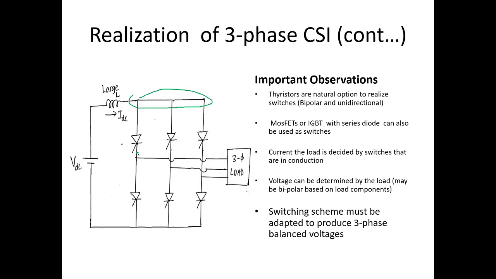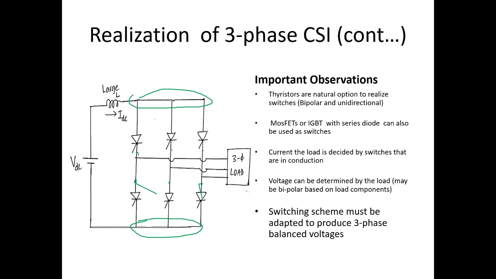So that is what we are doing here. We are using an SCR, which is a unidirectional and bipolar switch. And similarly, this is the second pole and the corresponding throws. Here also you should have unidirectional and bipolar switches. Thyristors are natural options to realize the switches. So you require 6 bipolar and unidirectional switches, so you require 6 thyristors.